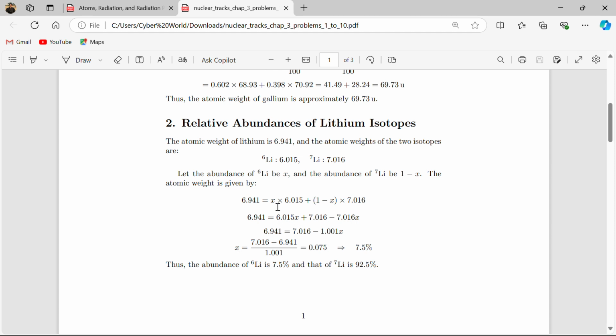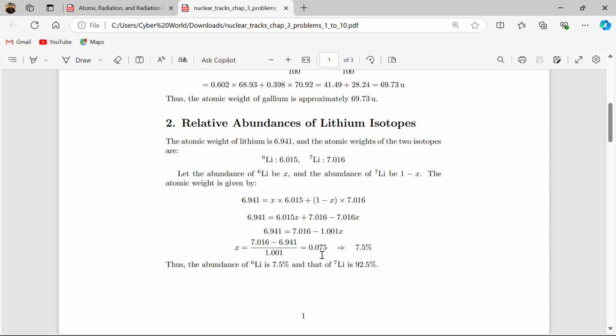After solving, x equals 0.075. This is the abundance x that we let for lithium 6. So lithium 6 has an abundance of 0.075, and after multiplying by 100, you get 7.5%. How can you find the abundance of lithium 7? You just have to do 1 minus x, meaning 1 minus 0.075, which gives you 0.925.